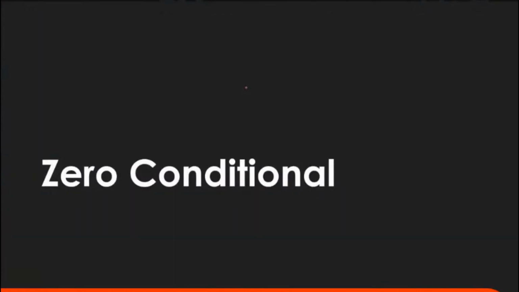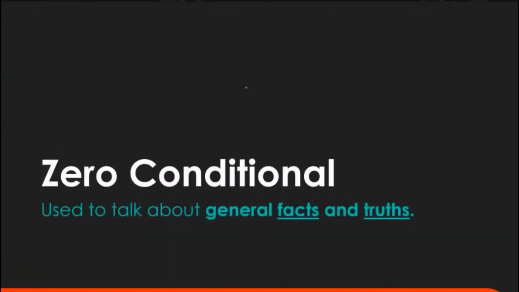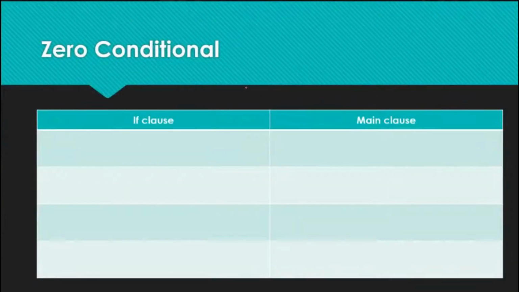So, zero conditional. This is used to talk about general facts and truths. So, things that are true. So let's take a look at some examples. What does this mean? So in conditionals, we have our if clause and our main clause to make our whole sentence.